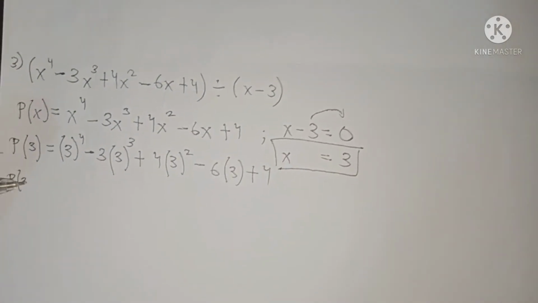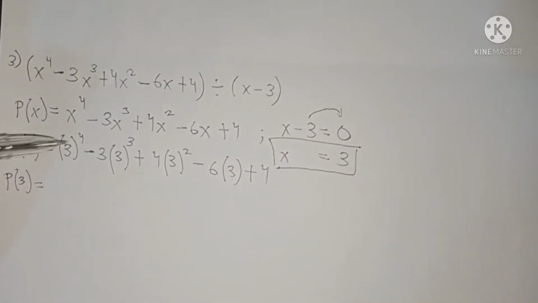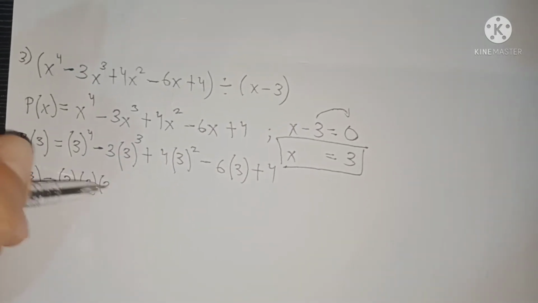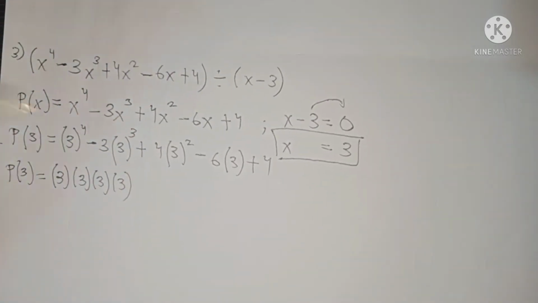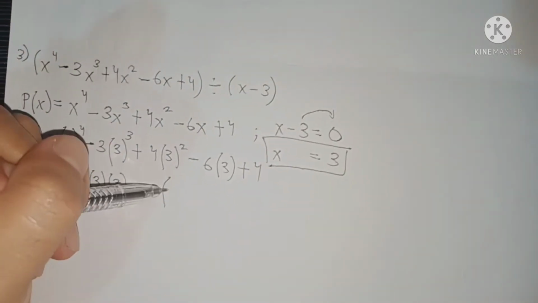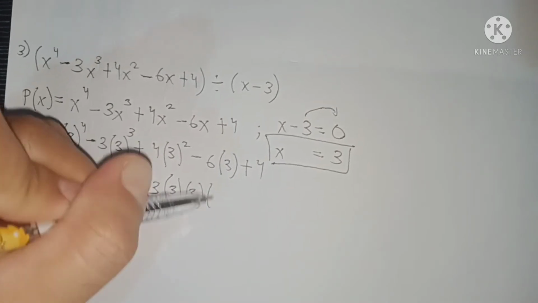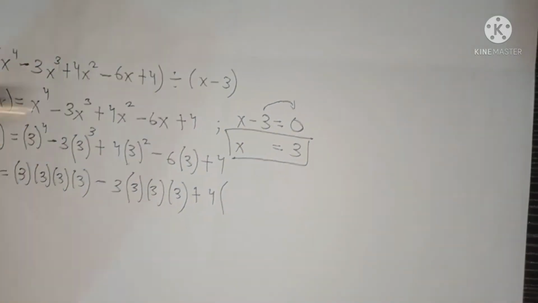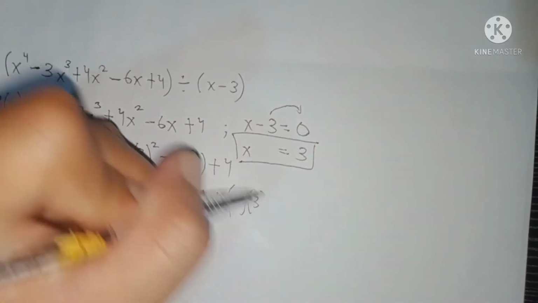So, you have p of positive 3 is 3 raised to the 4th power ay pwede natin isulat as 3 times 3 times 3 times 3. And then minus 3 times 3 cube, pwede natin isulat as 3 times 3 times 3. Plus 4 times 3 squared, pwede nating isulat as 3 times 3.